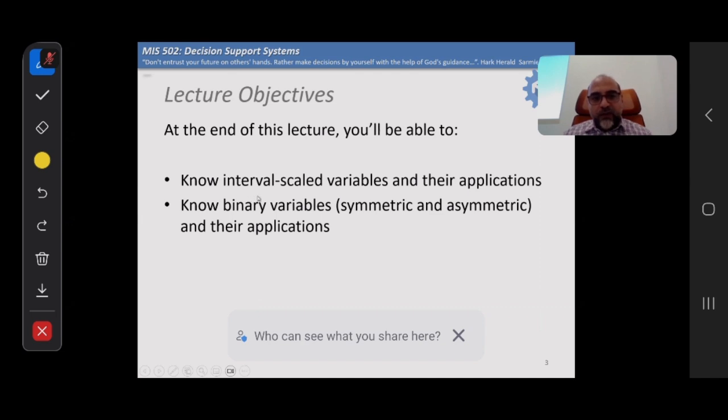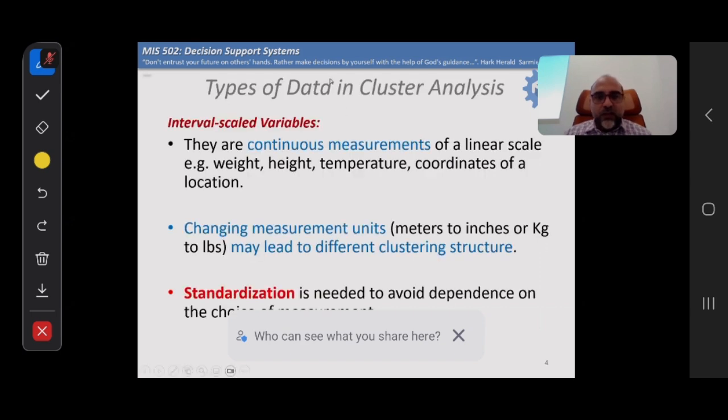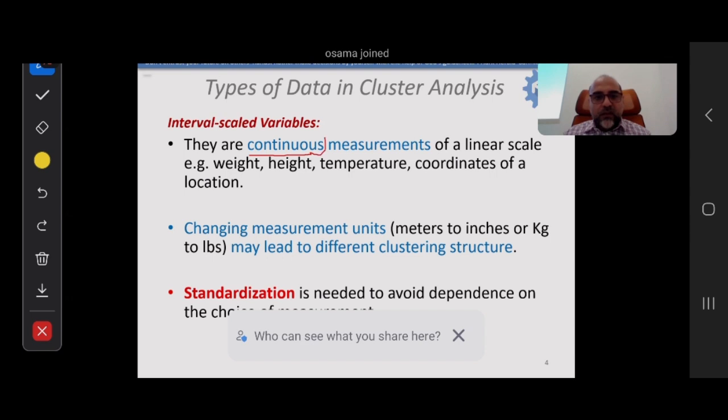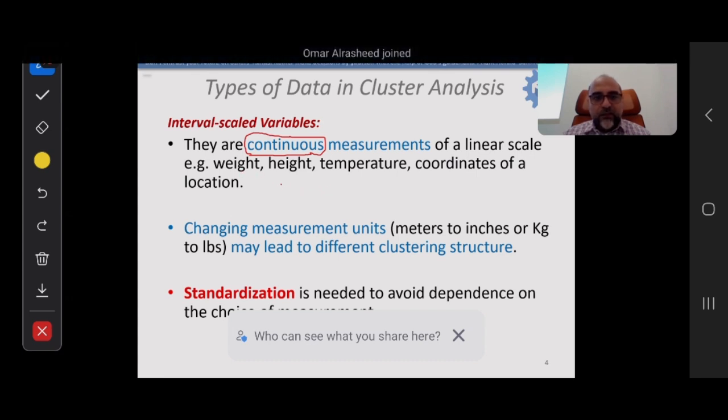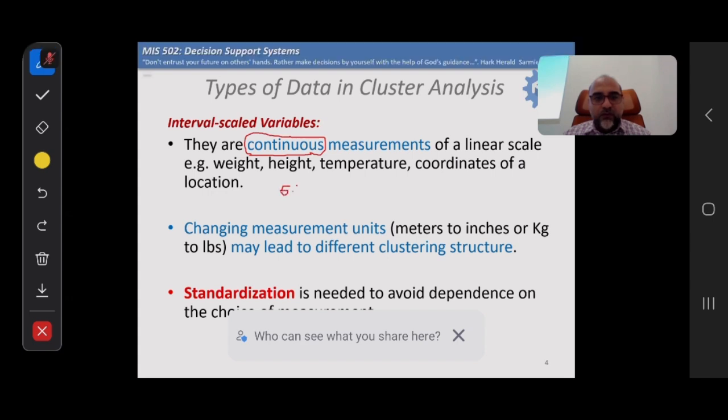So far we have been dealing with what are called interval scaled variables, and we will be talking about binary variables. So what are interval scale variables? Interval scale variables are continuous variables that can have numeric numbers, continuous real numbers. For example, weight can be like 5.2 kg.